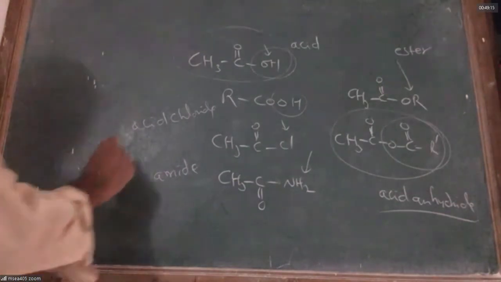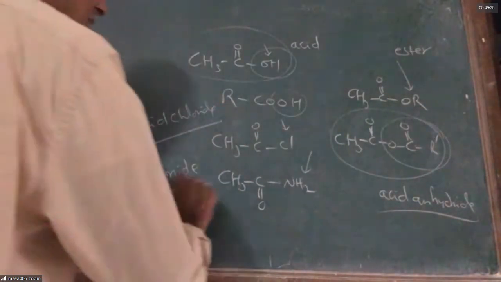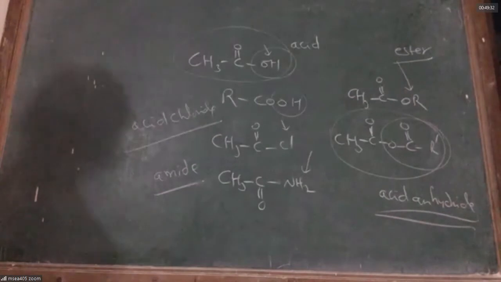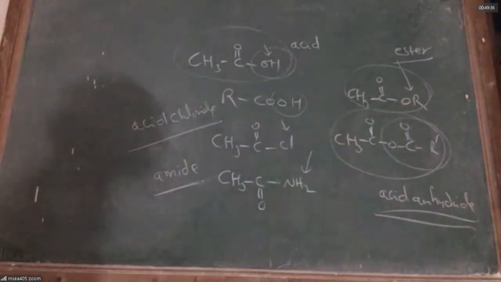There are many acid derivatives like acid chloride, acid bromide, acid iodide, amides, esters, acid anhydrides. Any of the acids or acid derivatives, if they react with alcohols, I get esters. If I react an ester with alcohol, I get a new ester. One ester changes to another ester. Are we clear, sir?